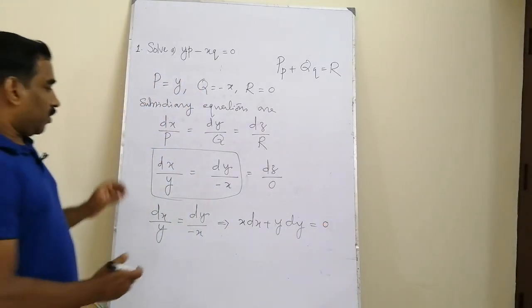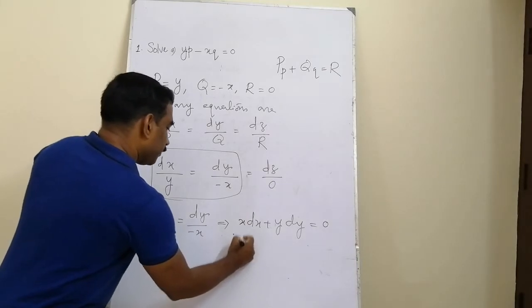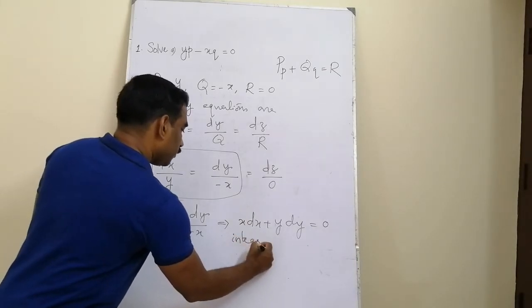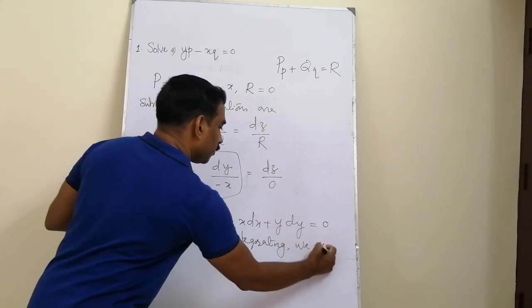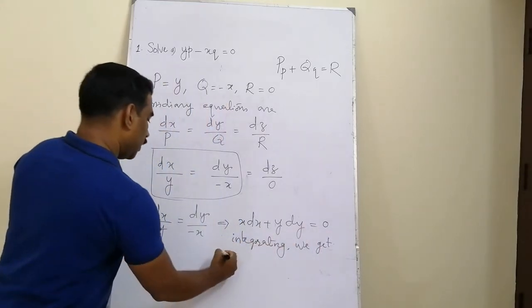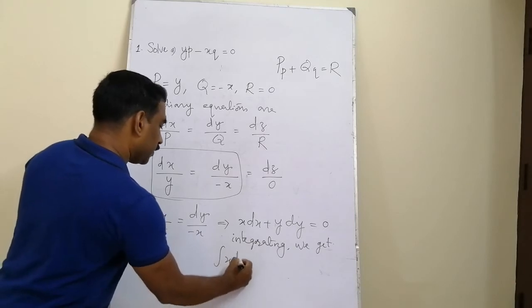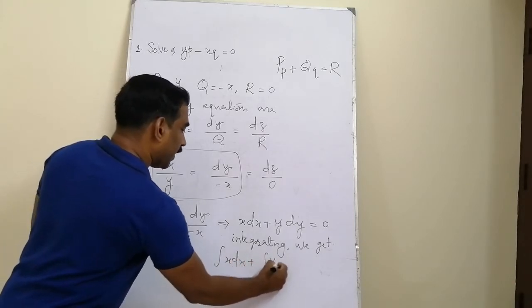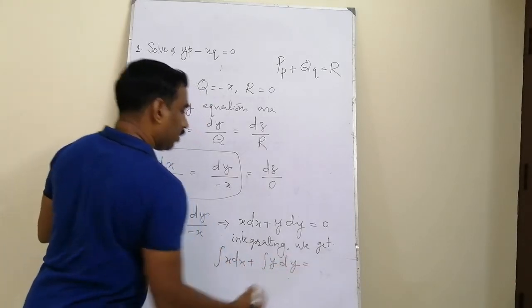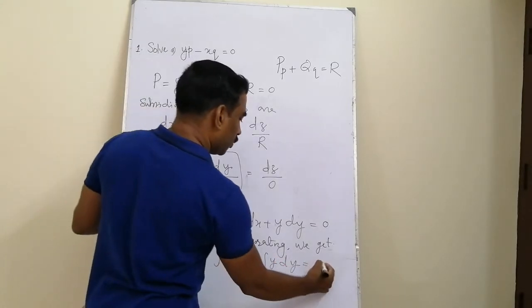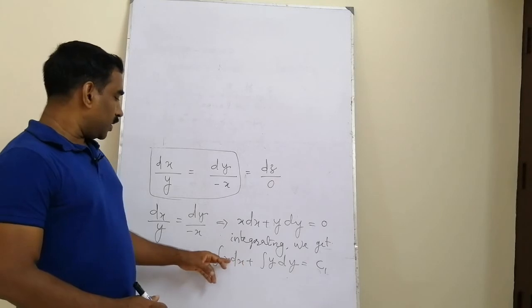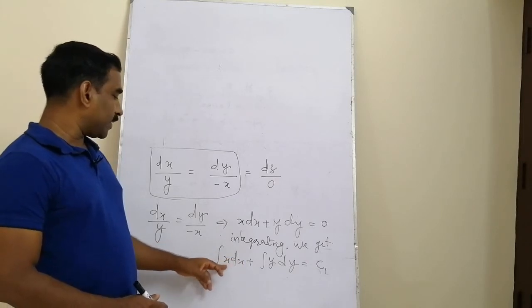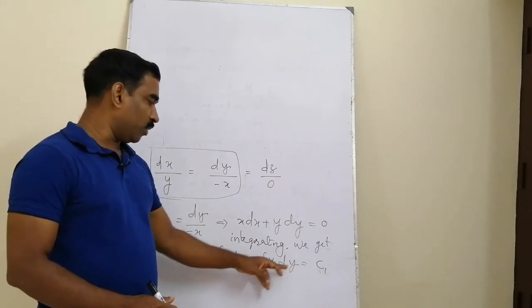So integrating both sides, we get, what is the solution? Integral of x dx plus integral y dy is equal to a constant of integration. We call it some constant, say c1. After integration, this is in a simple standard format. Integral x dx is x square by 2 plus integral y dy is y square by 2.